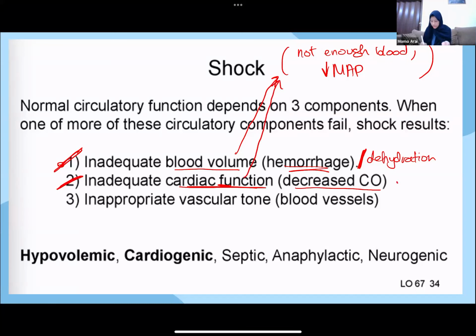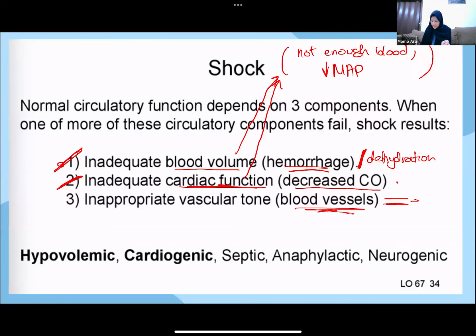The third reason is vascular tone of blood vessels. First was blood volume, second was the heart, the pump itself, and third, the one between these two, is blood vessels. Imagine a blood vessel like that.